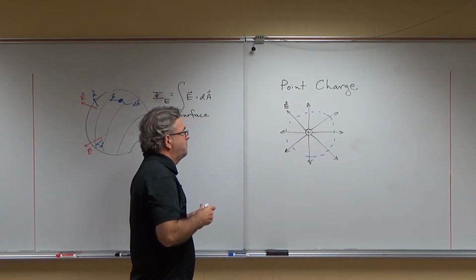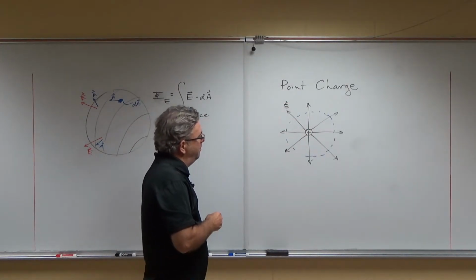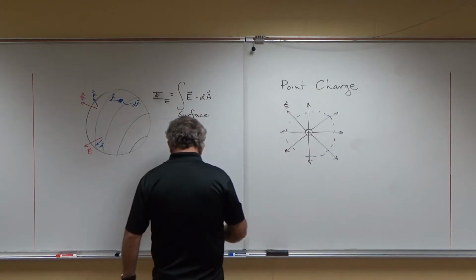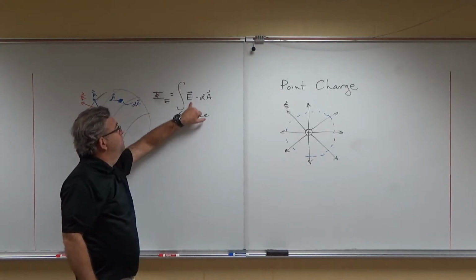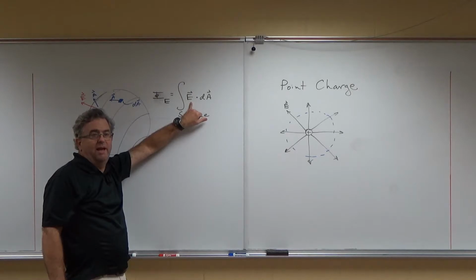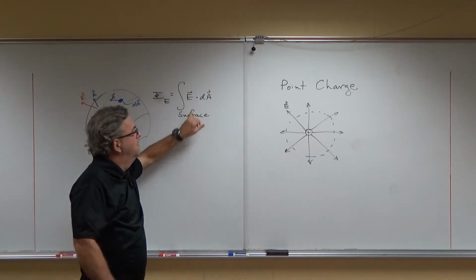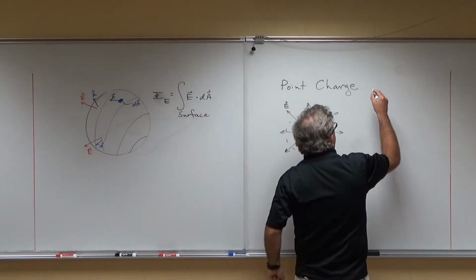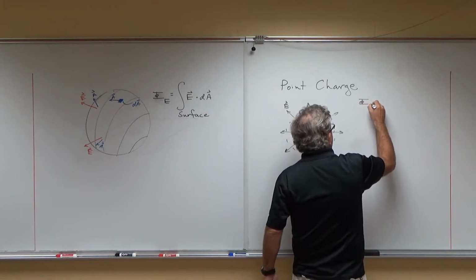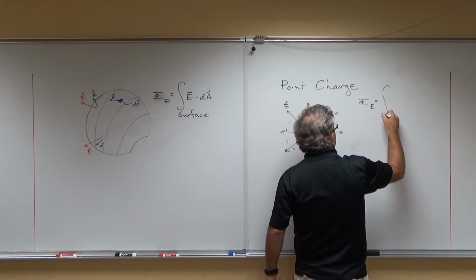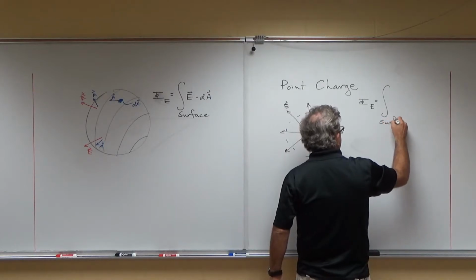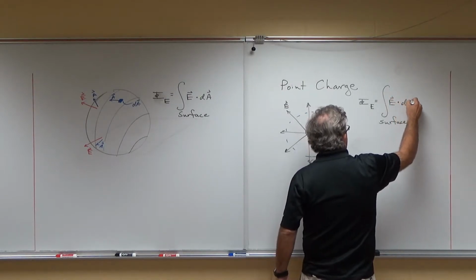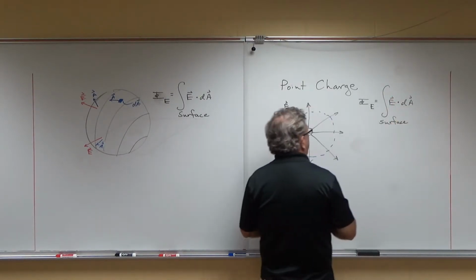I'm going to sum up the flux over this sphere. So to find the flux I have to do E dot dA. So phi E is equal to the integral over the surface of the sphere of E dot dA. Same thing I wrote over there, I'm just rewriting it here.